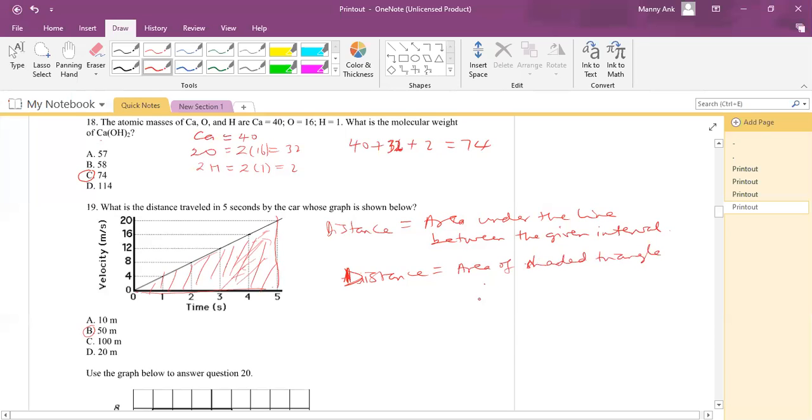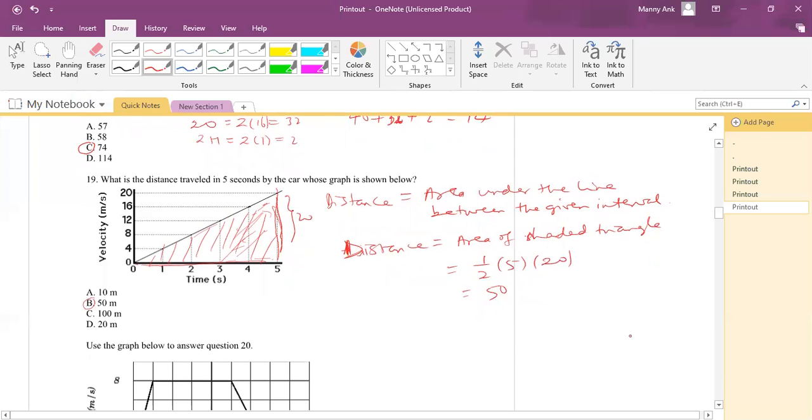The base is 5. And the height here is 20. So if you simplify this, 2 can go into 20 10 times. So 5 times 10, and then that's 50. So 50 meters. The area under the graph or the line is the distance if you have a velocity time graph.